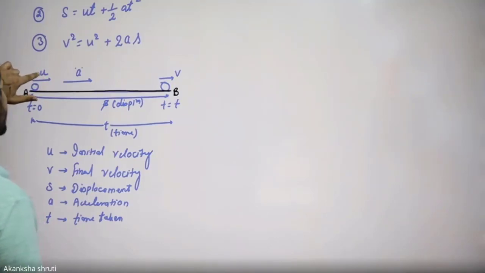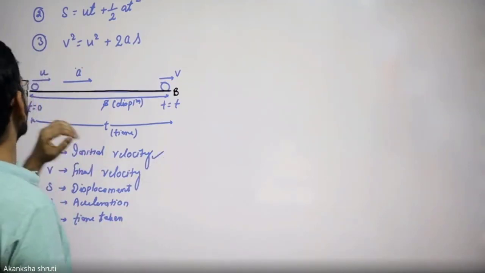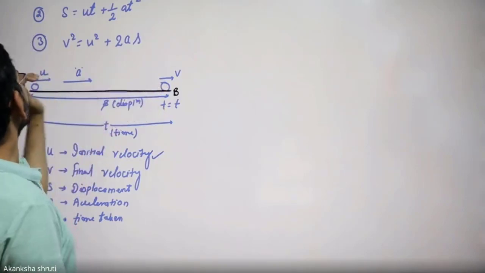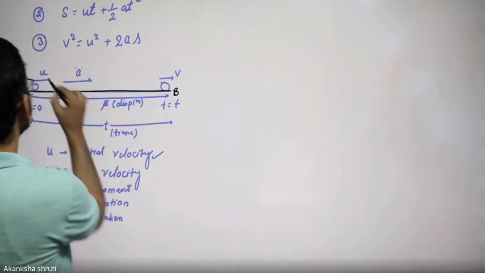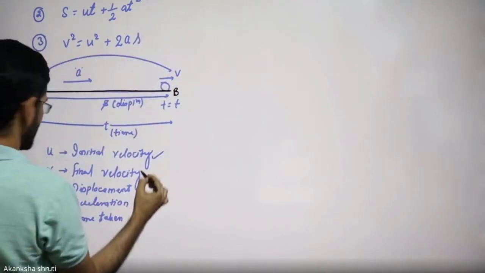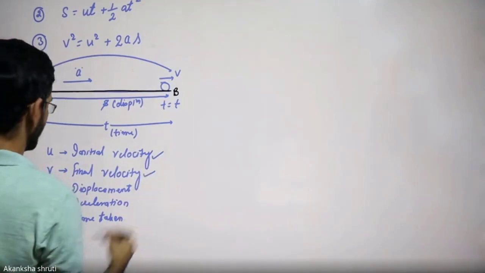So u denotes the initial velocity of the body. While reaching point B, the velocity of the body has changed to v. So u has changed to v, and v denotes the final velocity.